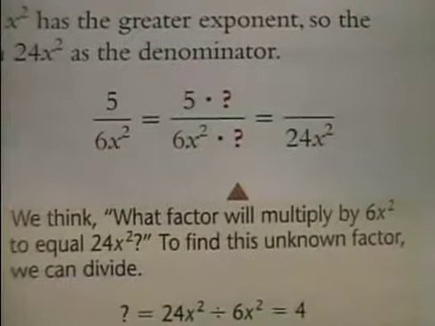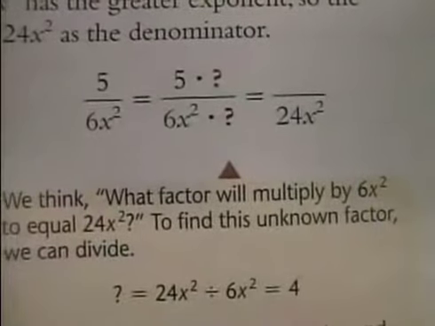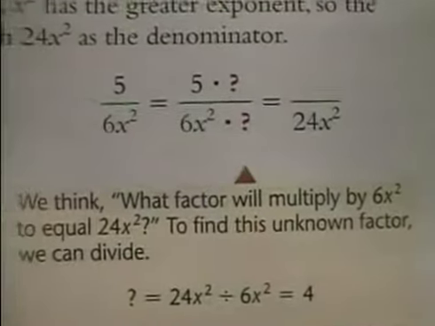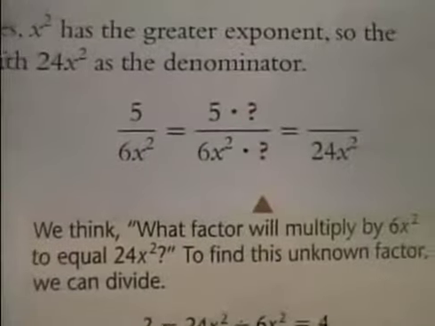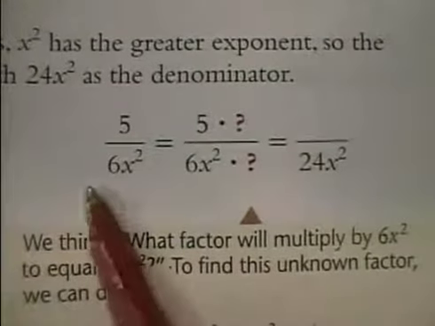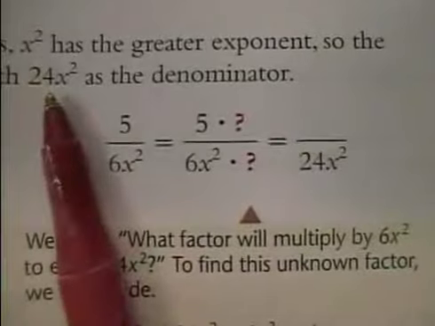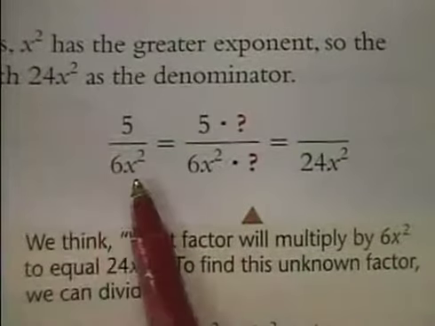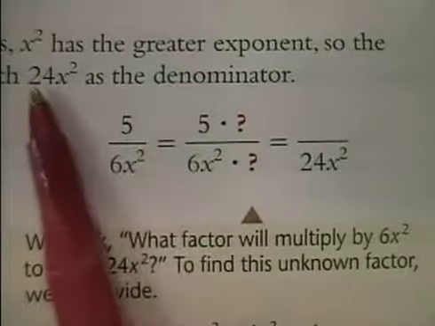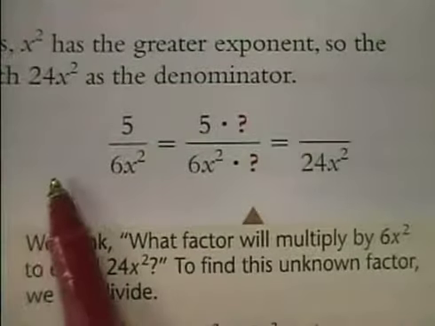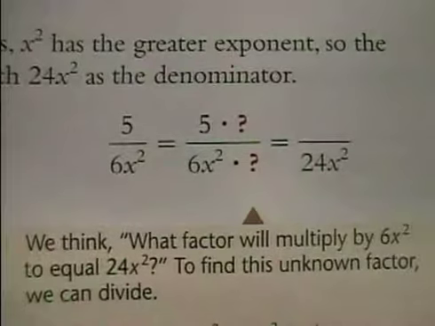So what you could do is do this division down here they're showing. Let's see, where is it? I thought it showed a division there, and I'm not seeing it, so let me come back up to here. If this is the LCD I want that I'm pointing to, and this is what I want, you just divide 6x squared into 24x squared and you get a 4, correct? So I'm going to need a 20.